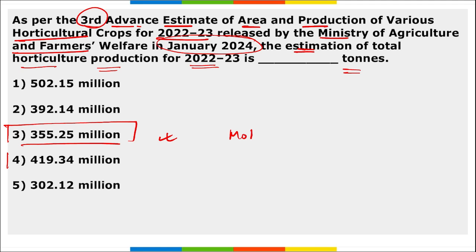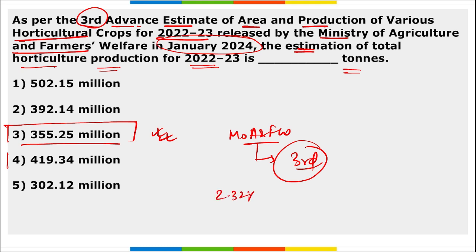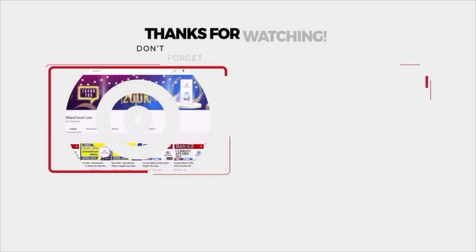Right, so the Ministry of Agriculture and Farmers Welfare released this third advance estimate report, and here the estimated total horticulture production for 22-23 is 355.25 million tons, which shows an increase of 2.32 tons from the past year of 21-22.